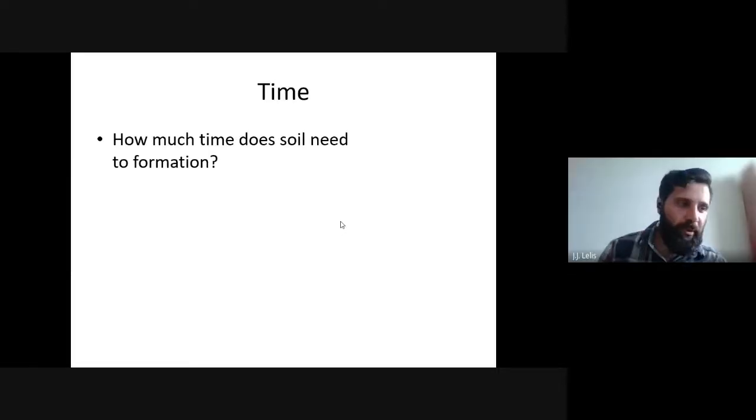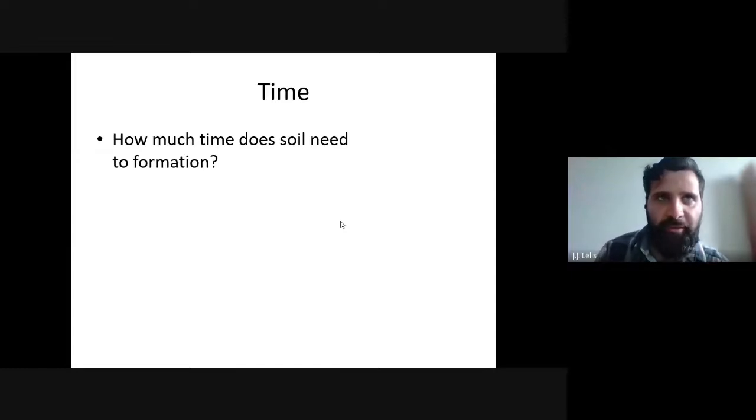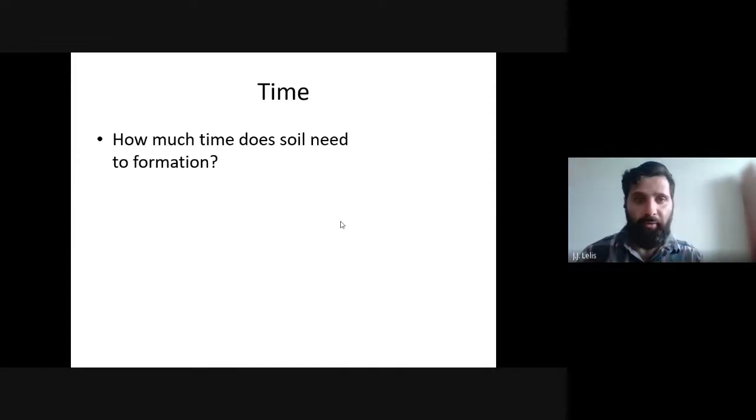And now we'll discuss the last soil formation factor, that's time. It's quite important to us in this course to discuss how time influences soil formation. Although generally we don't use this soil formation factor in the study of the soil.